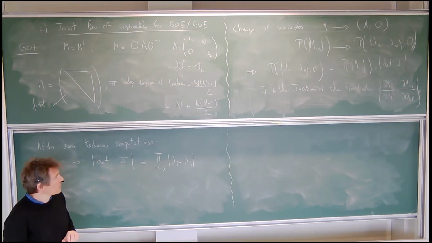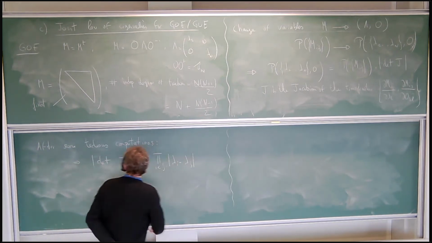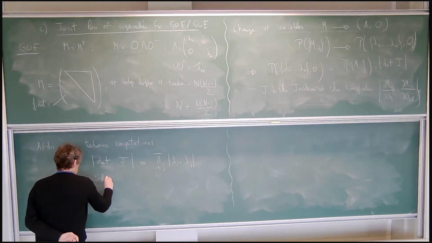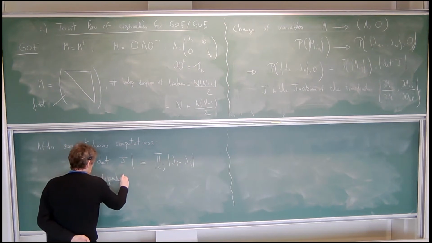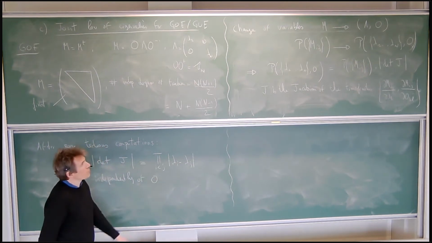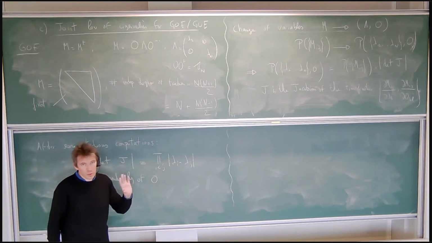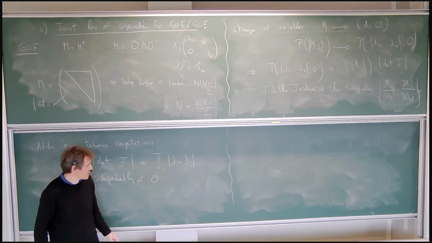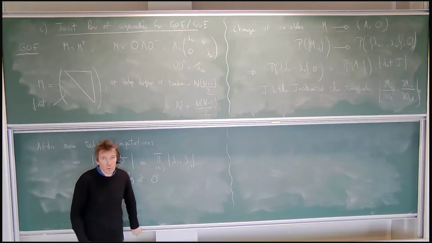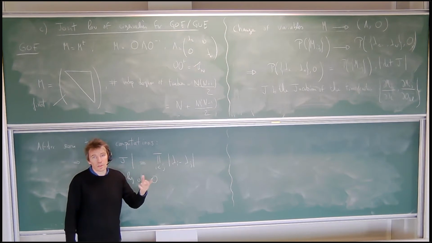And what you also see is that this is independent of O, independently of the matrix O, which you could have anticipated because, as I said, because of this rotational invariance, we already know that the eigenvectors do not play a very important role, and somehow it says that the eigenvectors are just uniformly distributed.